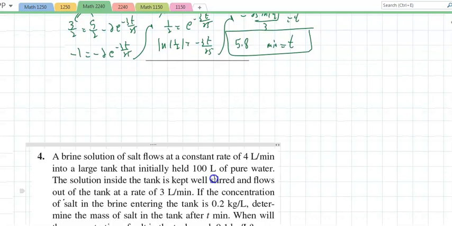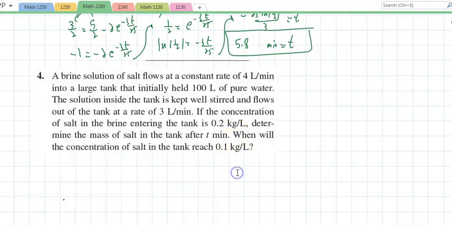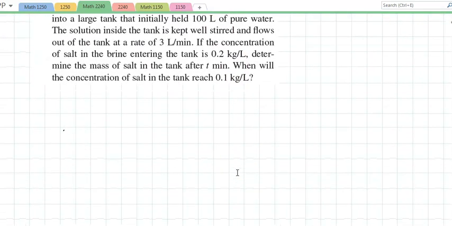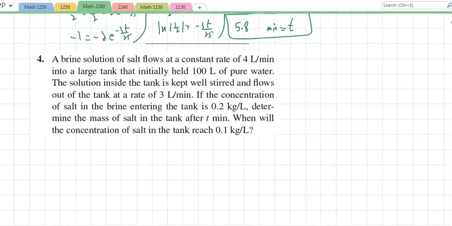Here's another problem. Same idea. A brine solution of salt at a concentration of, at a rate of 4 liters per minute into the tank.